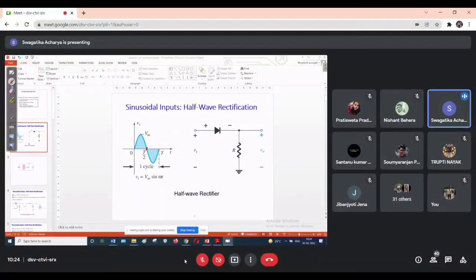Simply this PN junction diode is being used here, and that is connected to one resistance R. Now the input voltage supply is given in this direction, and this is the output. You will take the output voltage across this load or across this R resistance. Clear?